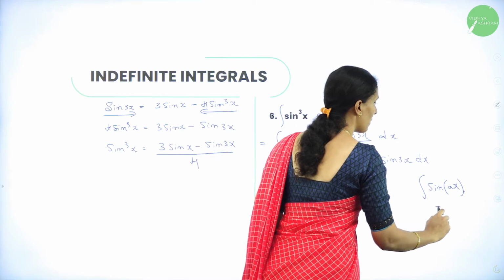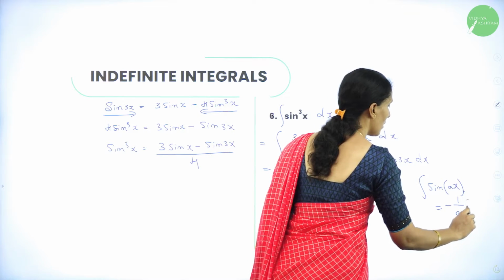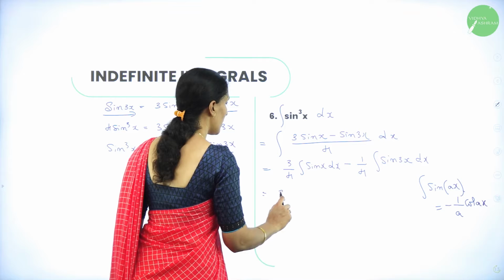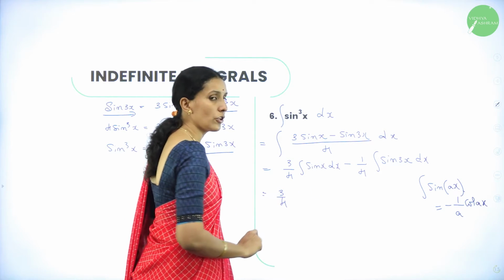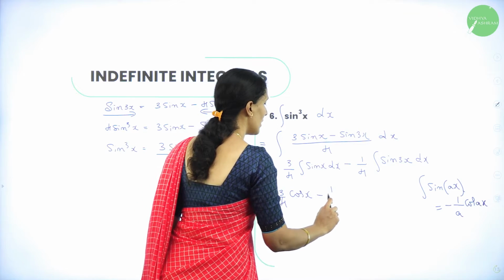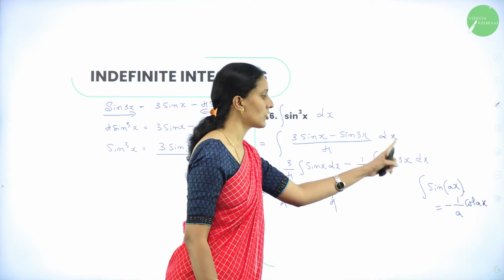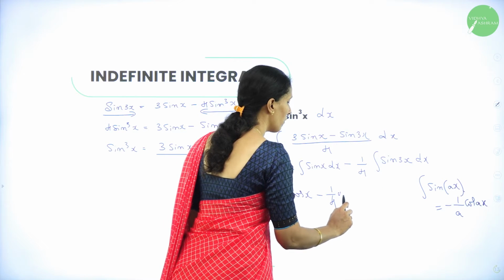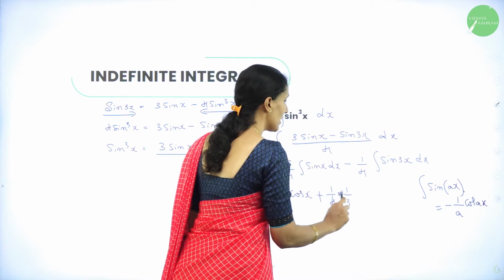So therefore this can be written as minus 1 by a cos ax. So here, 3 by 4 integration of sine x is minus cos x. Next, minus 1 by 4 integration of sine 3x is cos 3x along with 1 by 3, minus cos 3x.